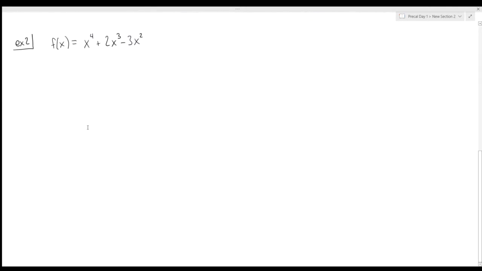Okay, and so this first part A, finding the domain, there's not much to it right now because we're just looking at polynomials. But later on, when we look at more complicated functions, then we'll have to do some work to figure out what the domain is. But for now, it's just minus infinity to infinity, okay?